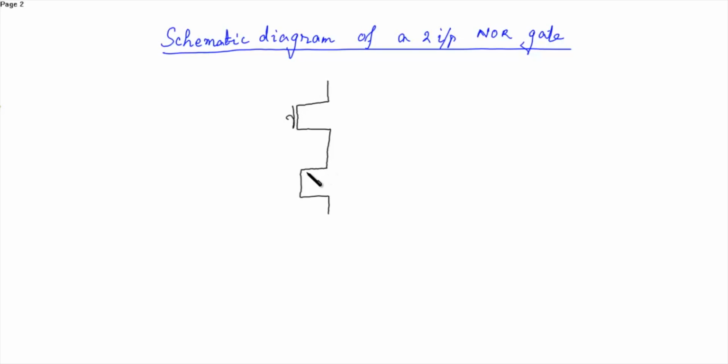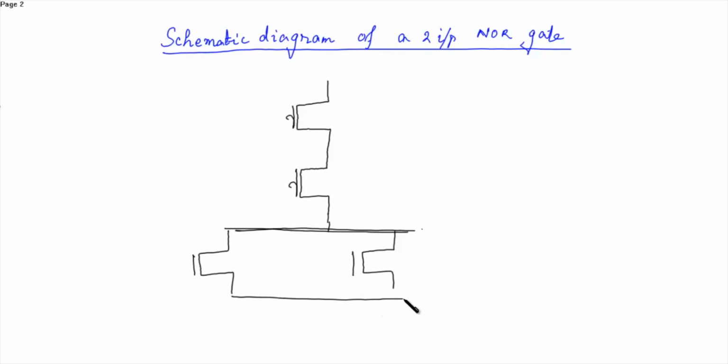This is the PMOS. PMOS is in series, and the NMOS is in parallel. This is ground. This is VDD.